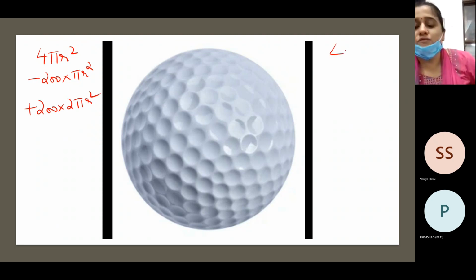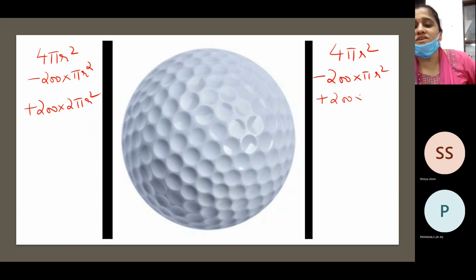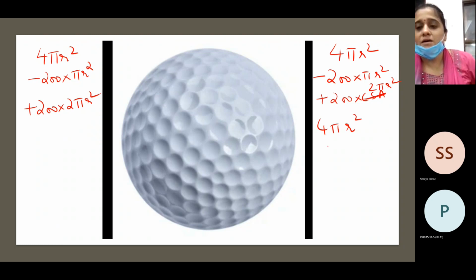From the total surface area of the sphere, 4 pi r square, you must subtract the area of 200 circles, which is not there. And you must add the new area created, 200 into CSA of the hemisphere, which is 2 pi r square. So this will be plus 400 pi r square minus 200 pi r square. So it will be 4 pi r square minus 200 pi r square plus 400 pi r square. So net it is 4 pi r square plus 200 pi r square.